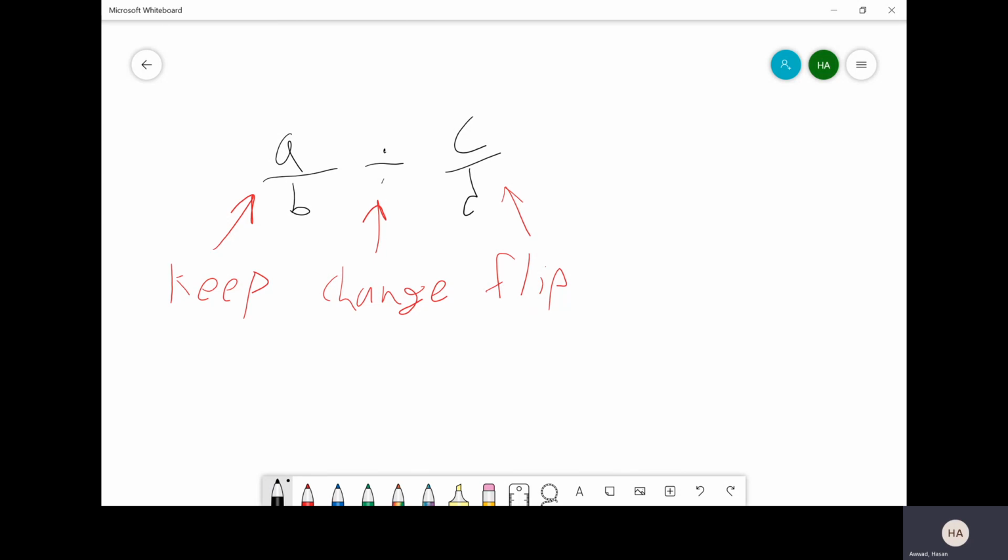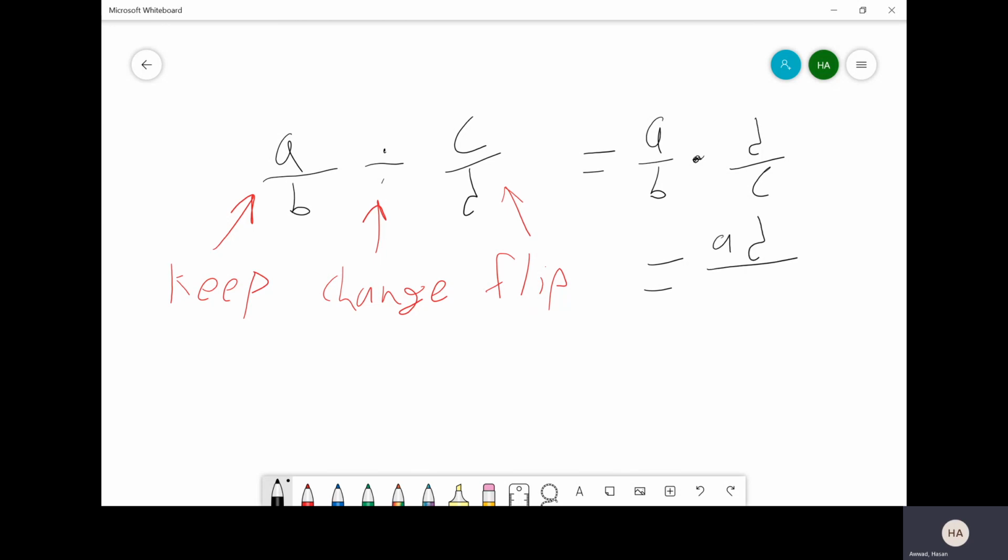So what is this all going to look like when we do all the pieces together? Again, we're keeping the first fraction the same, so it's A over B. We're changing division to multiplication, so times, and we flip, so instead of C over D, it is now D over C. And we can now just multiply right across, right?